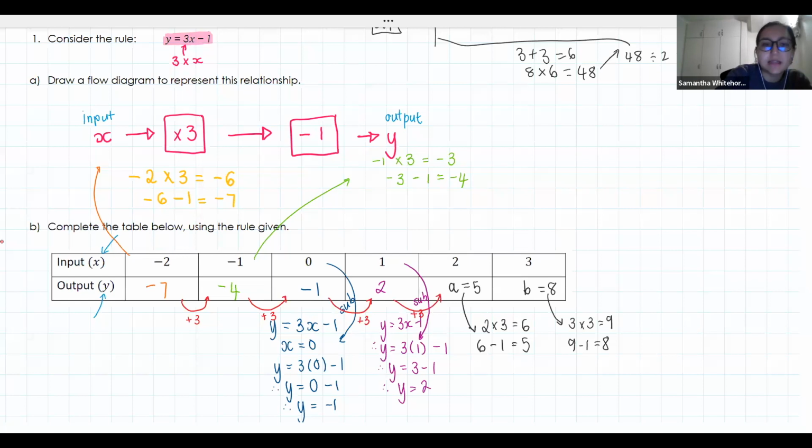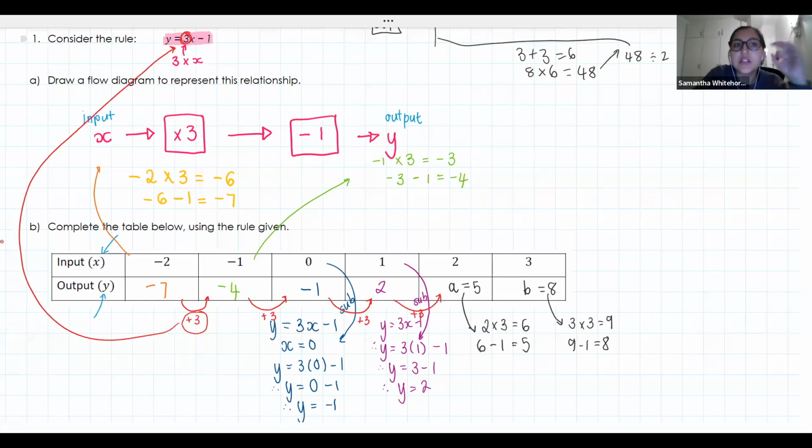Now remember, guys, this addition of 3 comes into my equation with the coefficient of whatever x is. When we are adding or subtracting the same value every single time, we are getting a constant relationship, or maybe I should say a constant difference relationship. We are increasing or decreasing by the same amount each time. That translates into my rule as the coefficient for whatever x is.